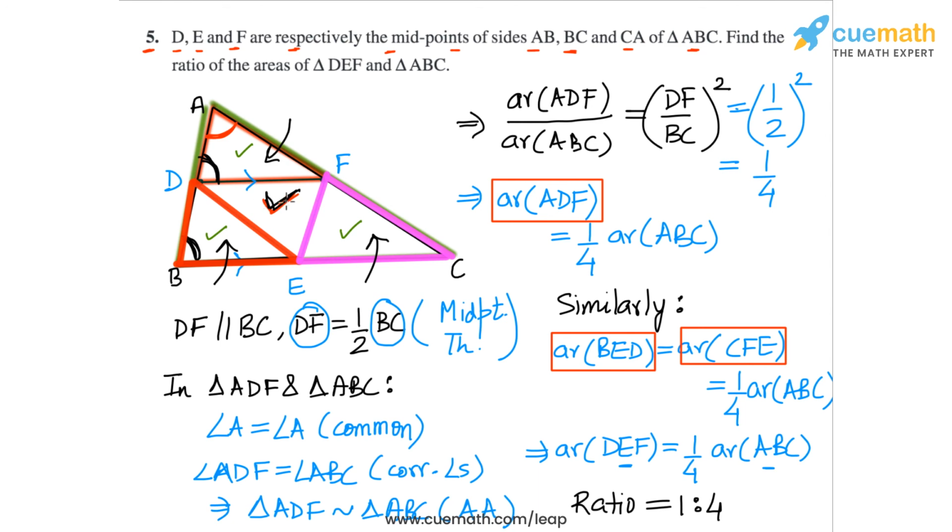So you can use both approaches. Both approaches are correct, but if you ask me personally, I prefer the first approach because it's much shorter and you can directly show that the smaller triangle is similar to the larger triangle using the SSS similarity. Okay, so this completes question number 5.